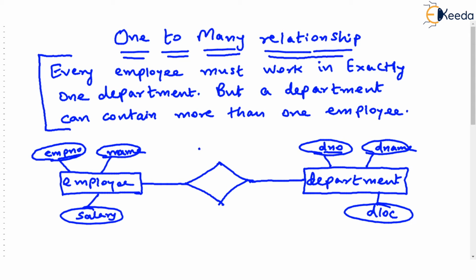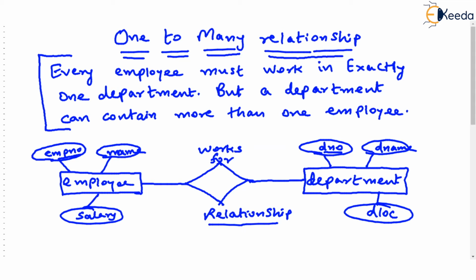Like if I say works for. Now you can read this as employee works for department. That's what has been given in the requirement by the client. So this is the relation which we are talking about in this particular video, relationship.